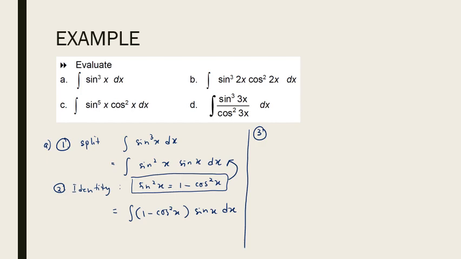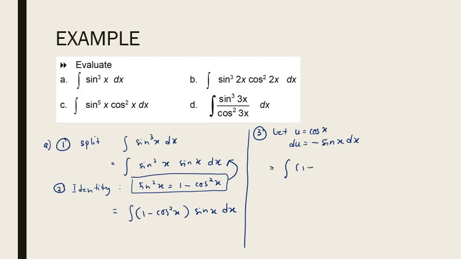What substitution do we use? Let u equal to cos x. When we find u, we must find du. Du equal to negative sin x dx. So substitute into our function.